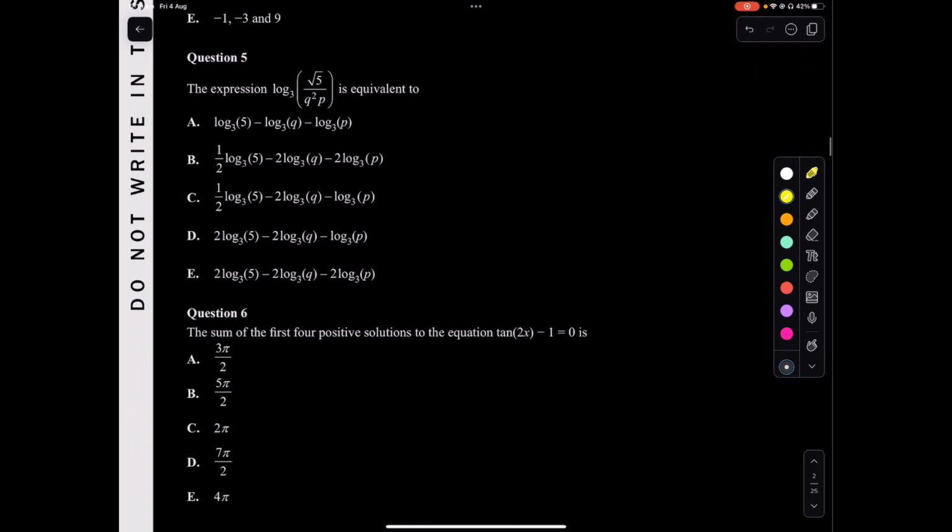Question 5, the expression log this is equivalent to... Okay, so log 3 of the square root of 5 over q squared p can be written as log 3 √5 minus log 3 q squared p.